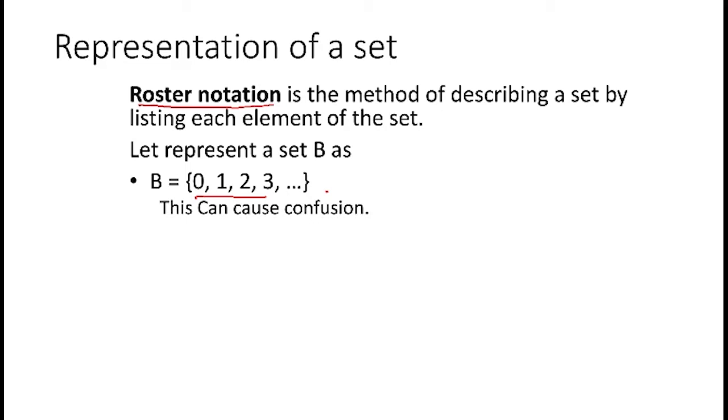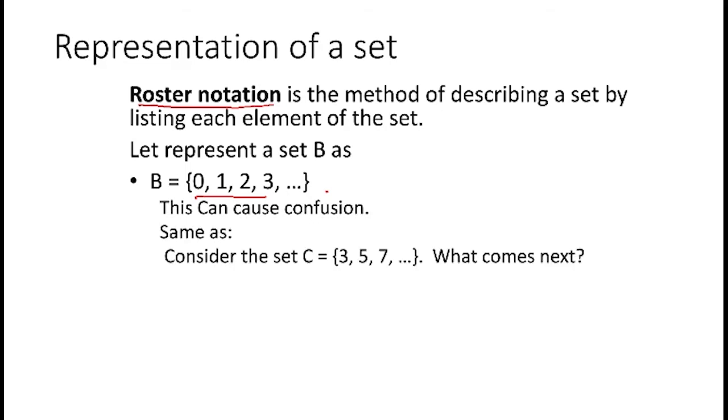For example, there is a set C, and I'm writing 3, 5, 7. Now, careful students, if I ask what is the next number, maybe a few of you will say 9, because these are odd numbers greater than 1, so 3, 5, 7, 9, 11, and so on.